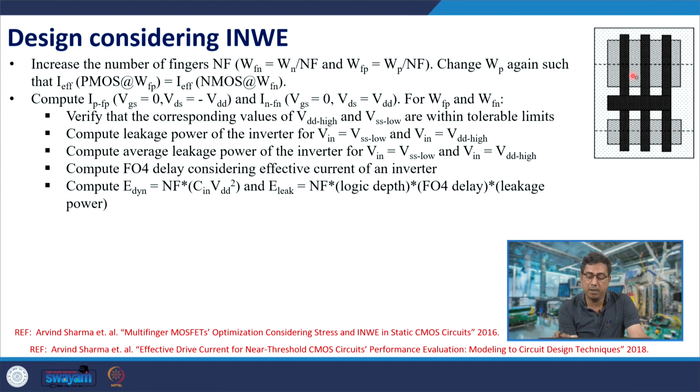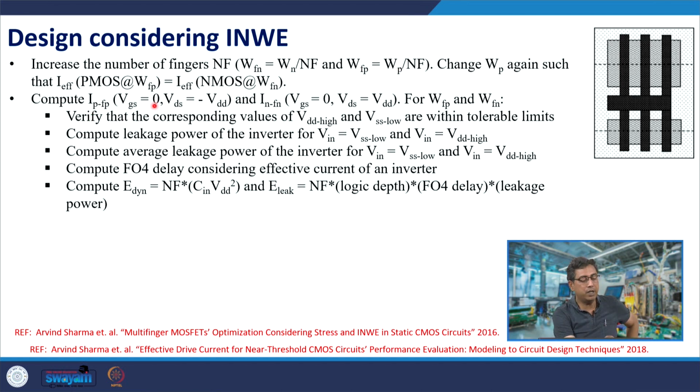So, we will keep the same number of fingers, and that is why we now increase WP. Once we increase WP, you will find that the threshold voltage of the PMOSFET increases, and therefore the effective current of the PMOSFET keeps reducing. It would match that of the NMOSFET effective current, and once it matches, we will stop there. So, we will keep that new WP.